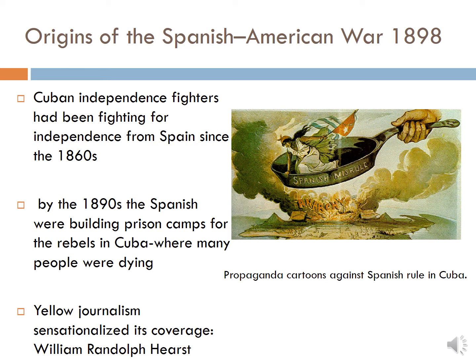Now, keep in mind, of course, that Spain had colonized nearly all of Central and South America. And so most of those countries had gained their independence by the time we get to the 1860s. Cuba was one of the last holdouts of the Spanish colonies in the Americas, Cuba and Puerto Rico.